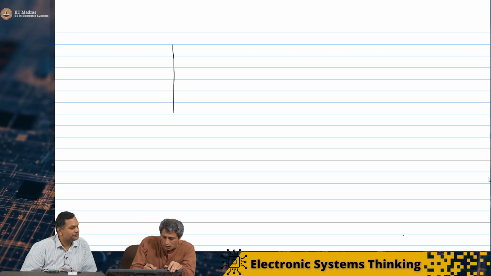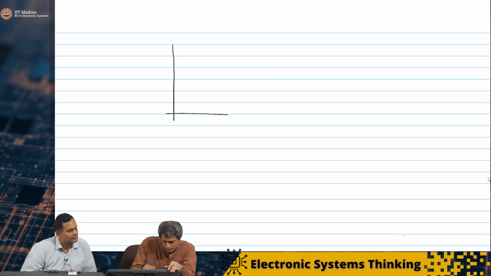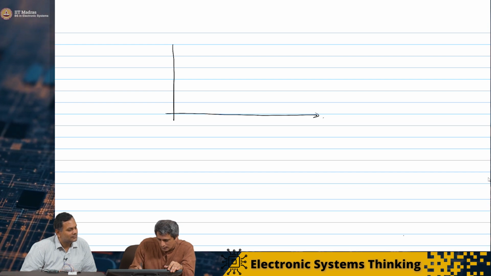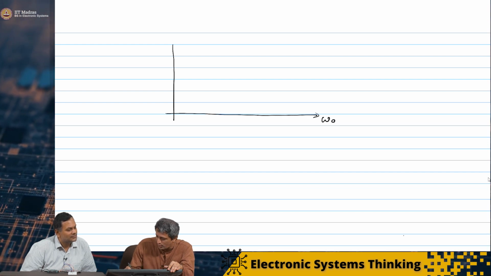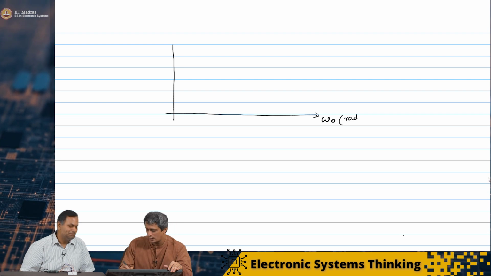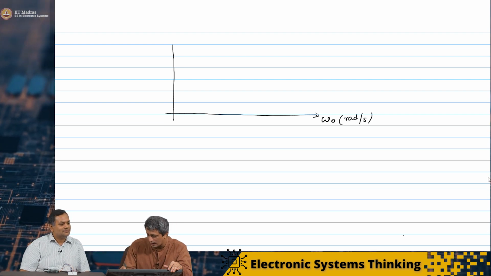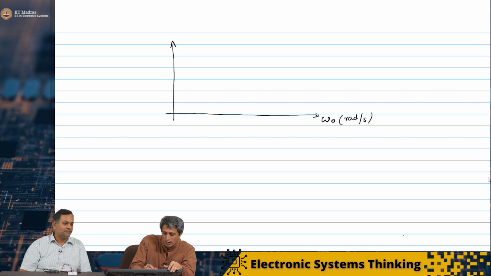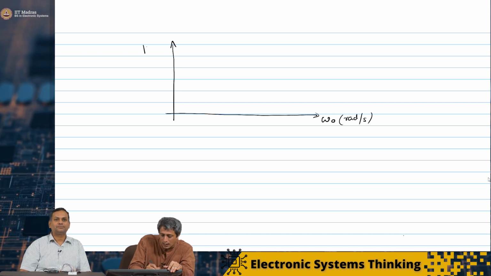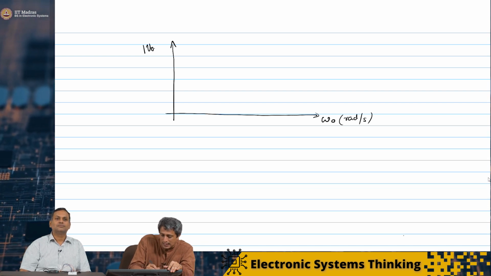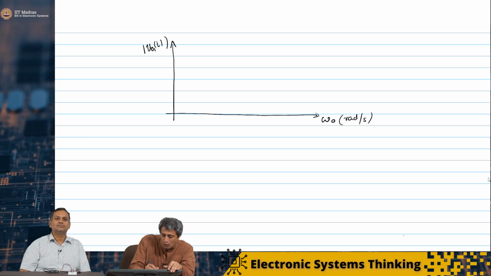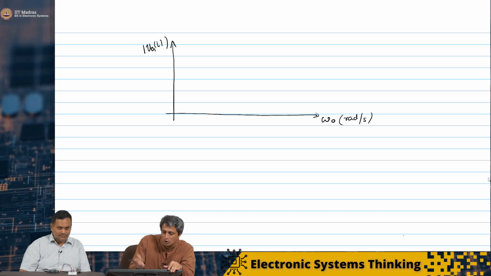So what I want to now plot is the x-axis is going to be omega naught, in radians per second, and my y-axis is the amplitude of V out 1 of t.